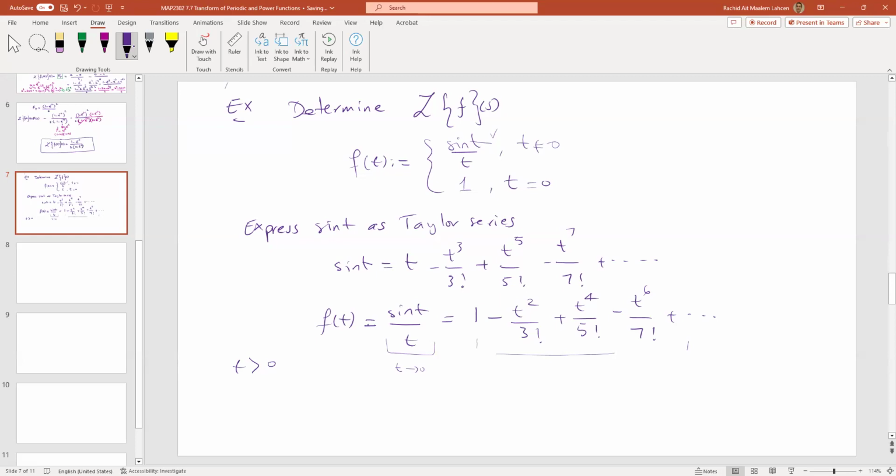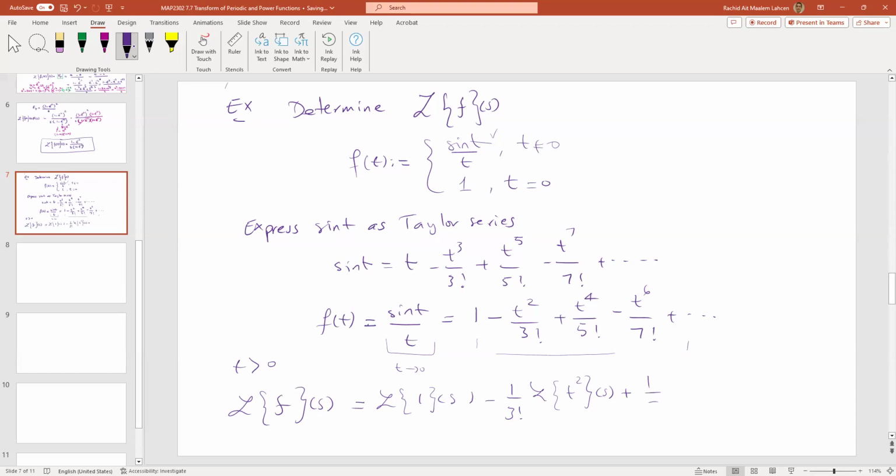So can we do Laplace transform on this? Yeah, that's why we switched it to Taylor series, because we know these power functions, we know their transforms, right? So let's do the Laplace transform on this function, which is going to be the Laplace transform of 1 on s, minus, let's get the number out, the Laplace transform of t squared on s.